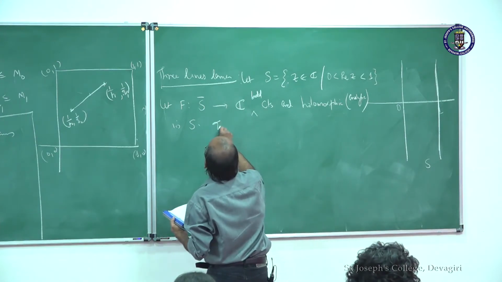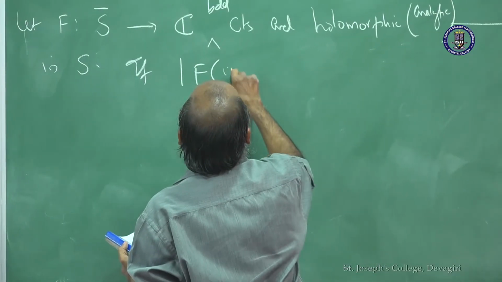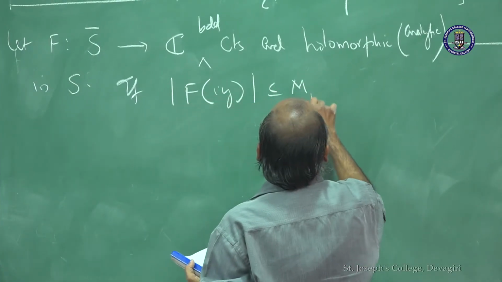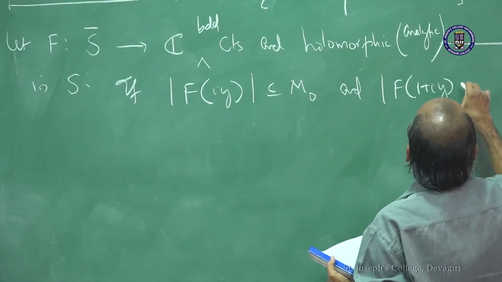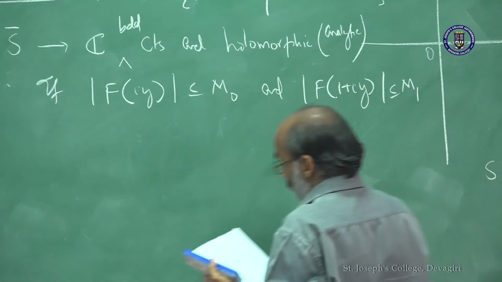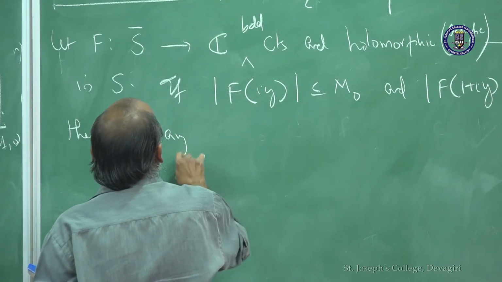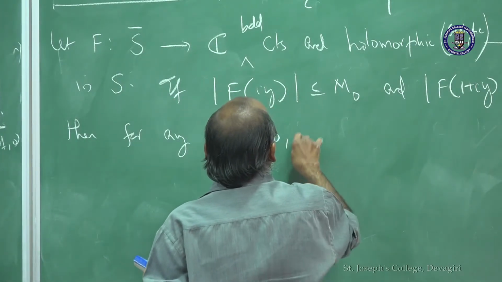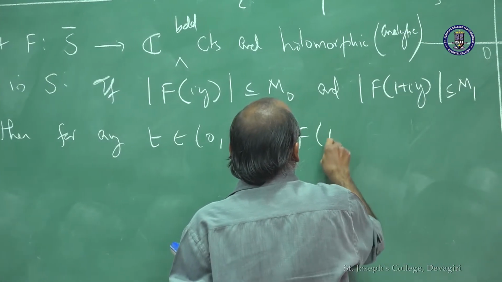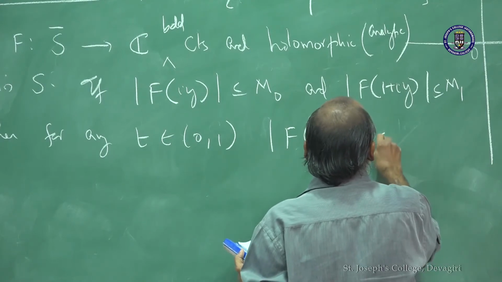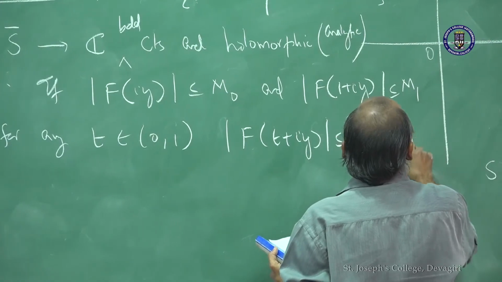If |f(iy)| is less than or equal to m0 and |f(1+iy)| is less than or equal to m1, then for any t between 0 and 1, |f(t+iy)| is less than or equal to m0^(1-t) m1^t.